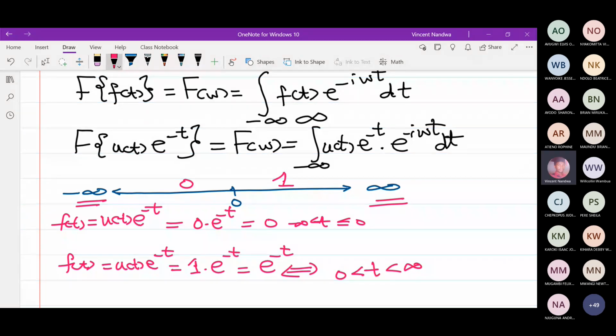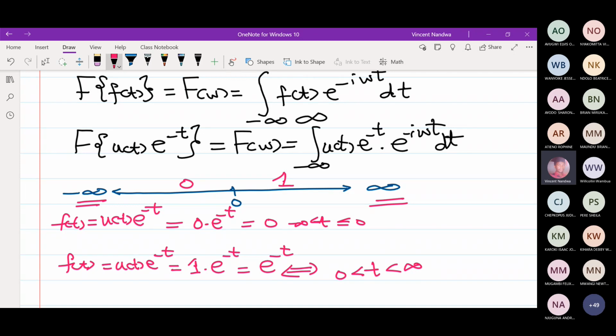And from our calculus class, we know that carrying out integration from minus infinity to positive infinity is as good as integrating the same function from minus infinity to 0 and then adding the integration of the same function from 0 to infinity.